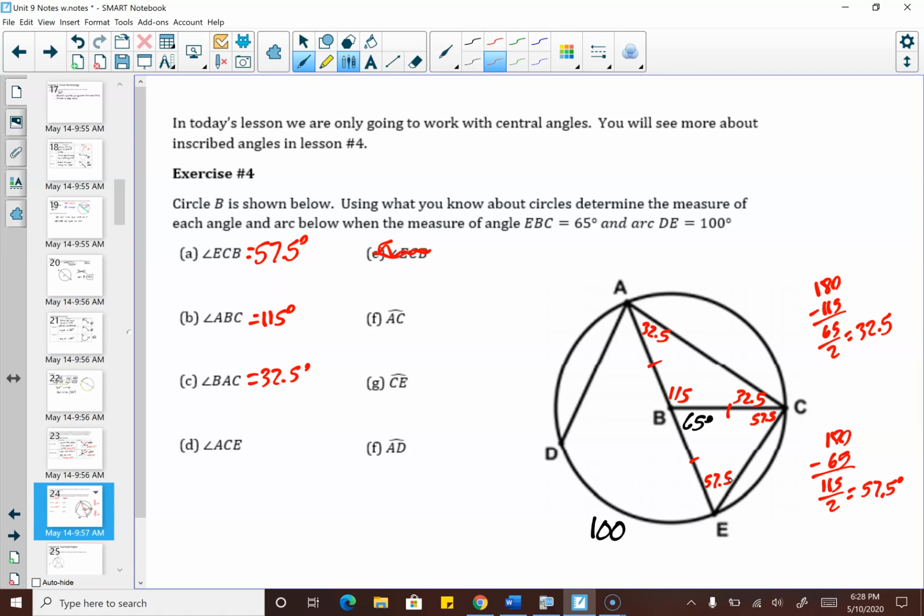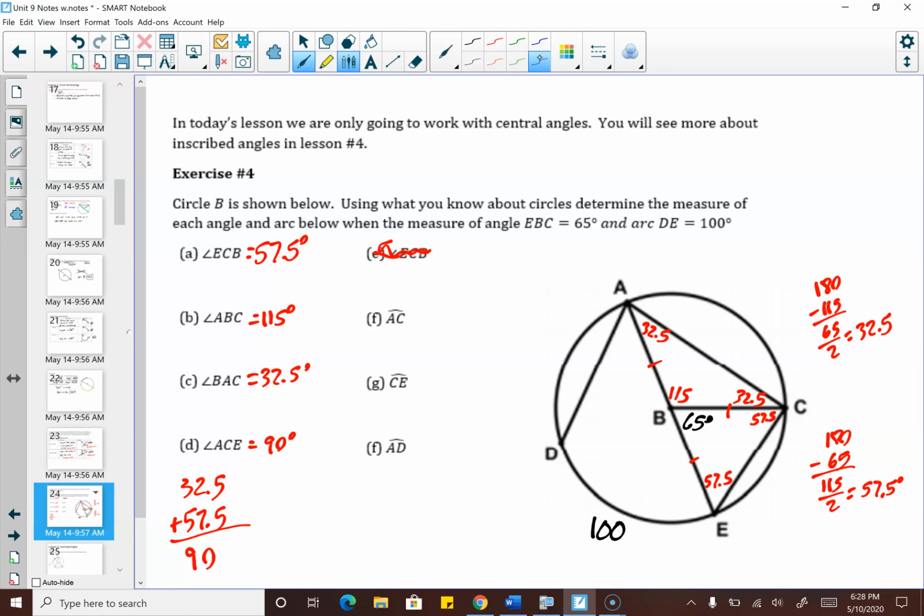Now it wants to know ACE, so we take the 32.5 and the 57.5 and add them together, and we get 90 degrees. So all of ACE, putting both of those angles together, gives us 90.